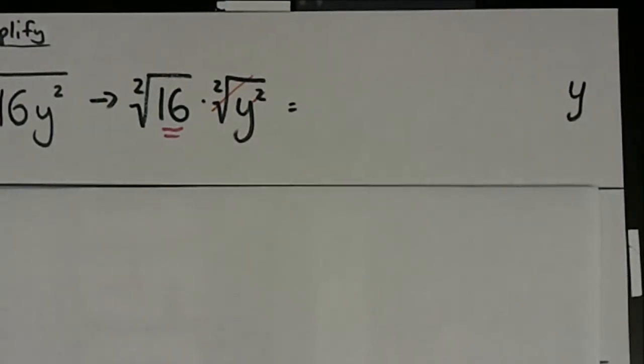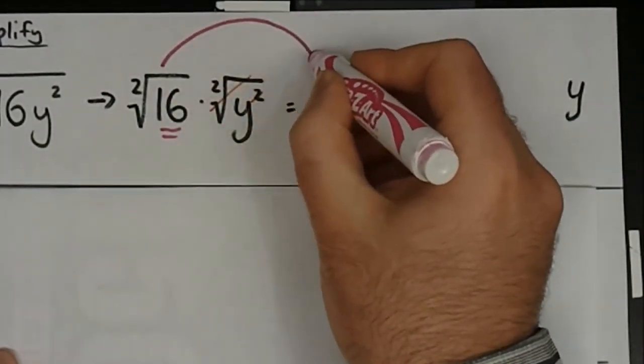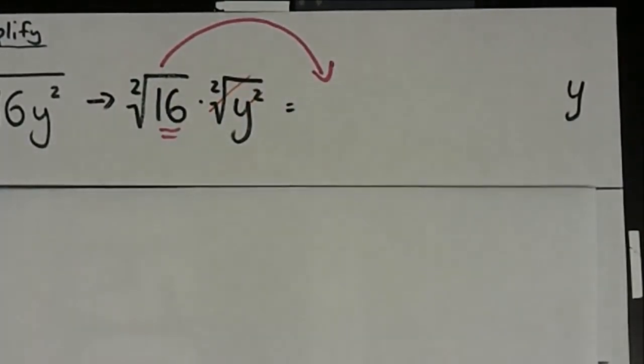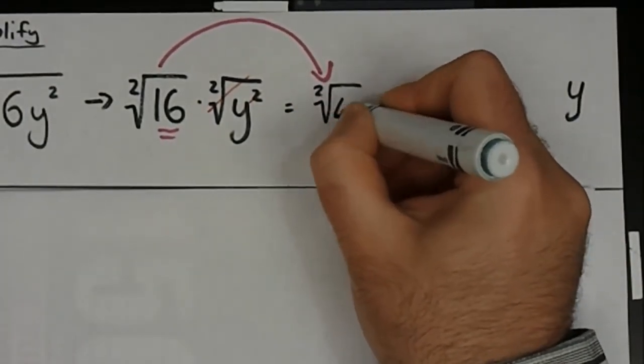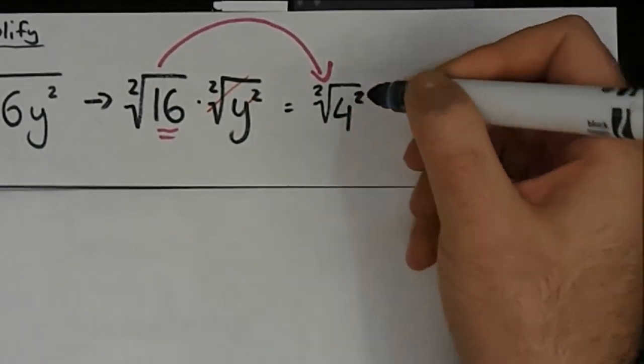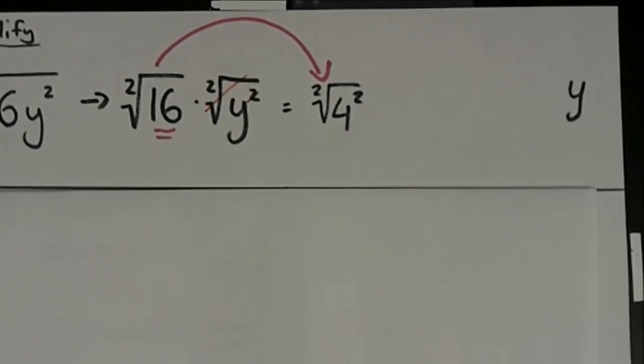So I'm going to write down right over here 4 to the second power, still underneath that same root. So what happens to this now? What can I do?